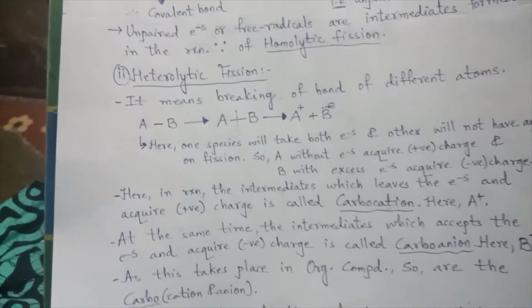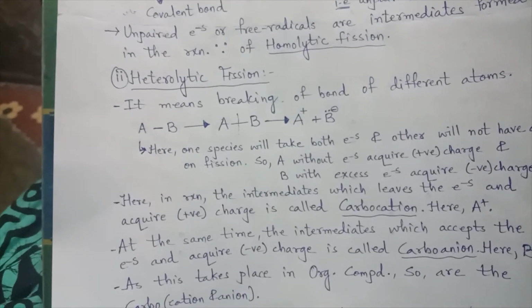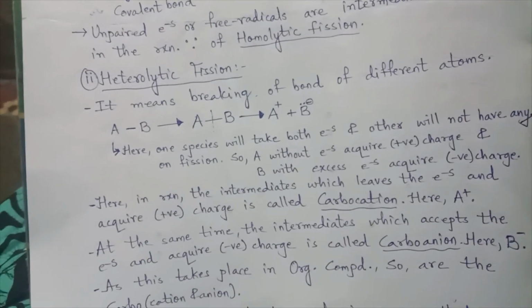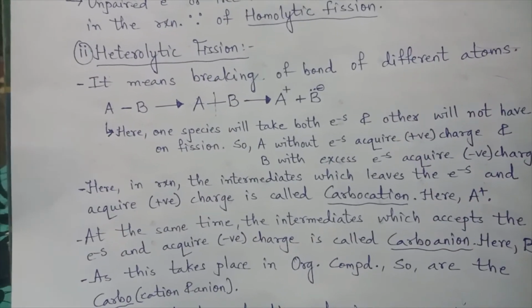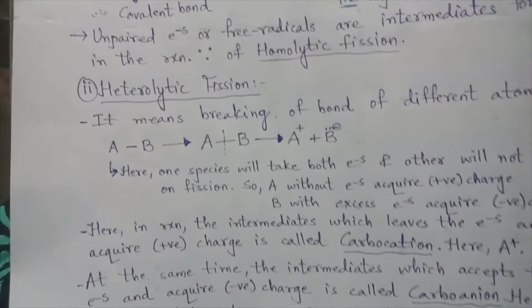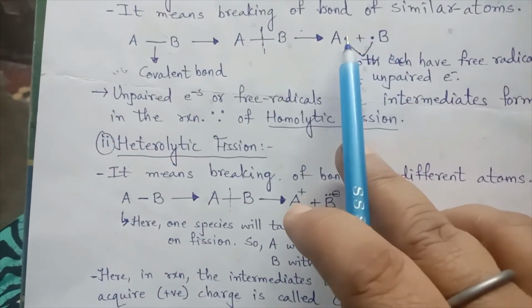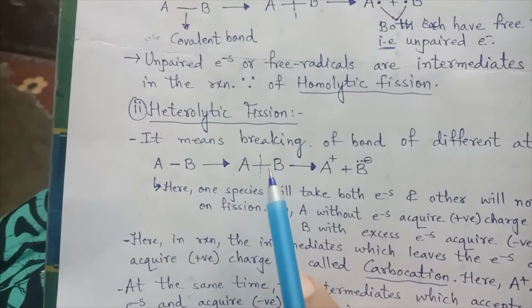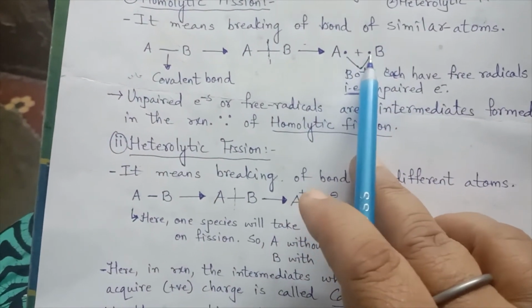And the next type of fission is heterolytic. Hetero means between different atoms. When the breaking of a bond between different atoms takes place, it is heterolytic. In homolytic fission, the electrons are neutral, without charge, or we can say neutral radicals.